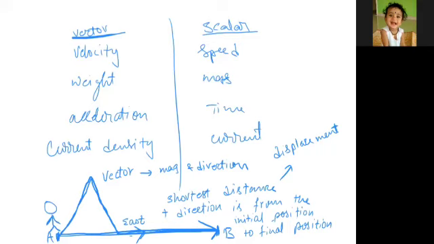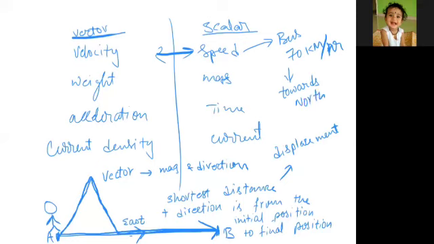For example, try to see speed and velocity, the difference between speed and velocity. Suppose a bus moves with 70 kmph, 70 kilometers per hour. We haven't mentioned towards which direction, just that the bus is moving with 70 kmph. Then that is the speed. But then if you say the bus moves with 70 kmph towards north, then we have a better description for the bus journey.